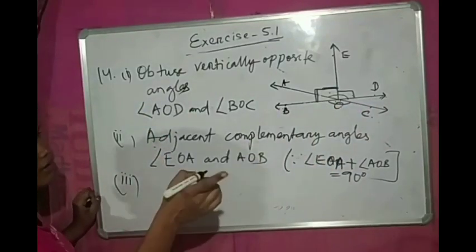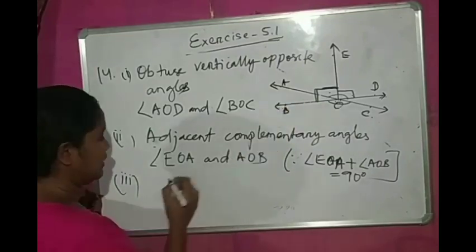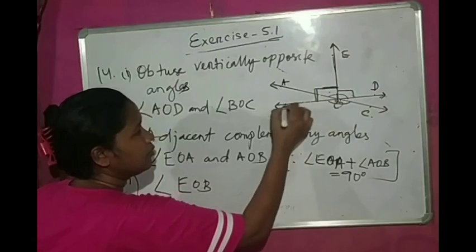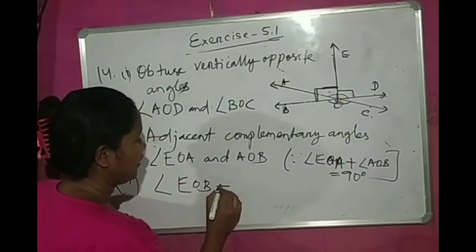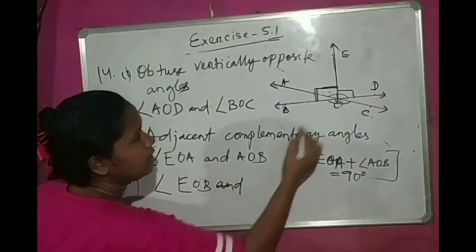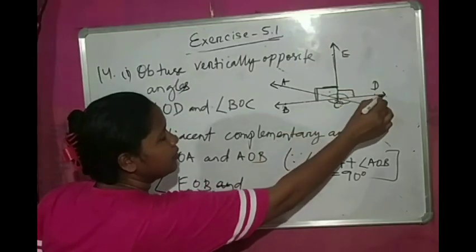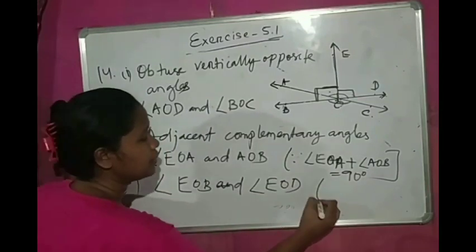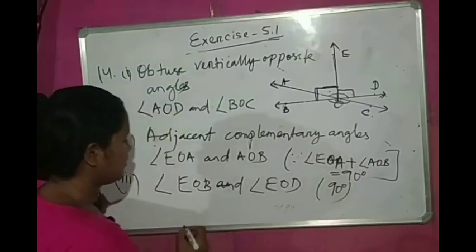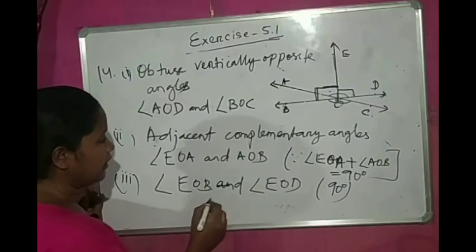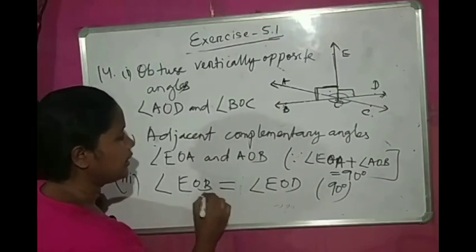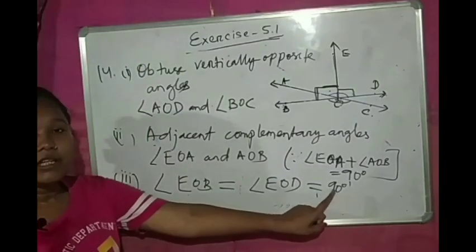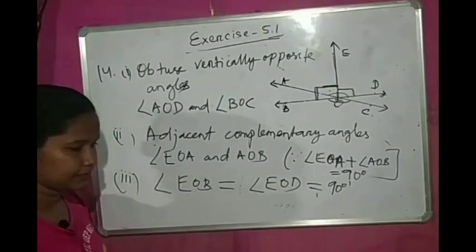So which ones are equal supplementary angles? Angle EOB and angle EOD, which are equal to 90 degrees. You can write angle EOB equals angle EOD equals 90 degrees. That's why these are equal supplementary angles.